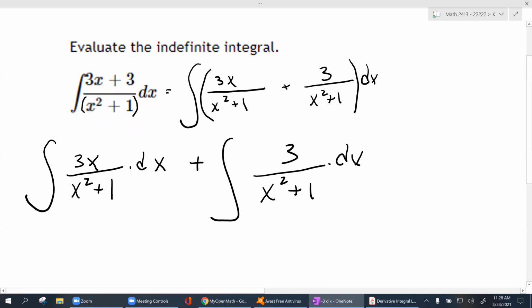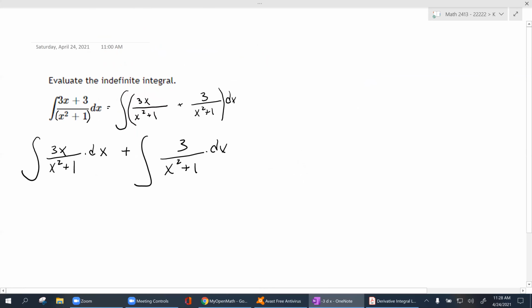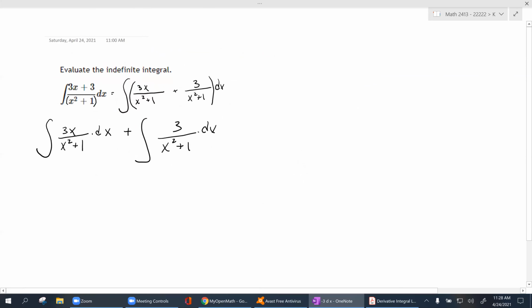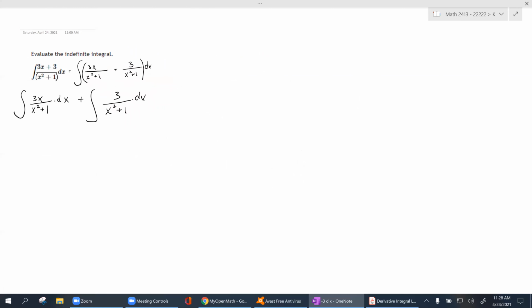Let's go ahead and work on the left one. Let me factor out that 3. You may notice, hey, the degree in the bottom is exactly one higher than the top, and the top is just one variable. This is the previous section. So in other words, let u equal x squared plus 1.